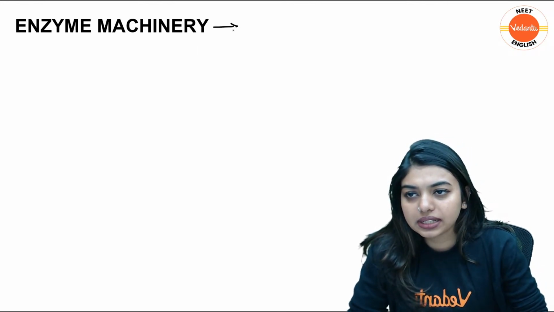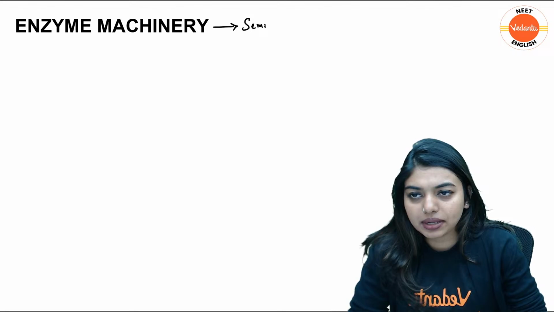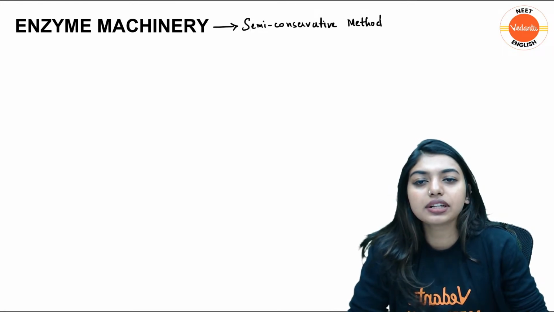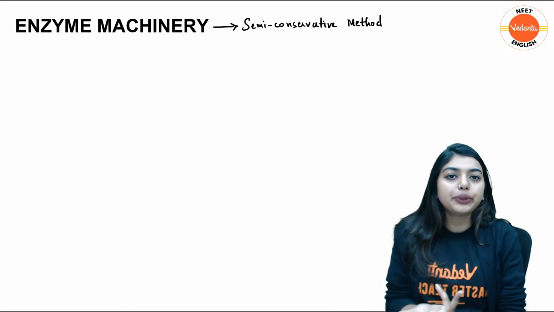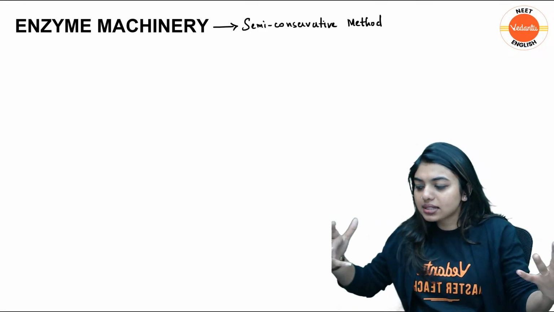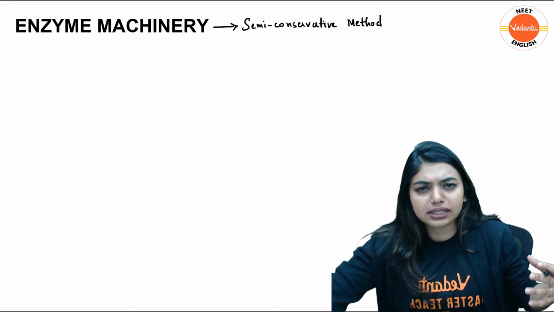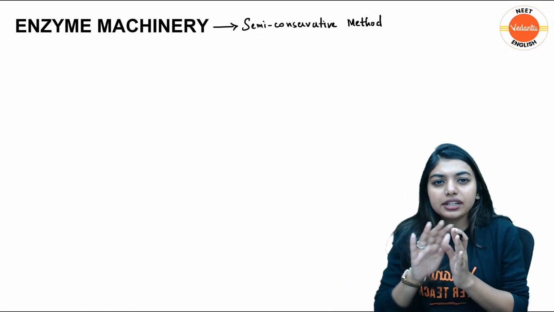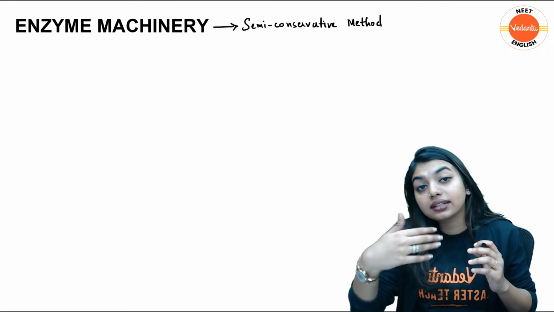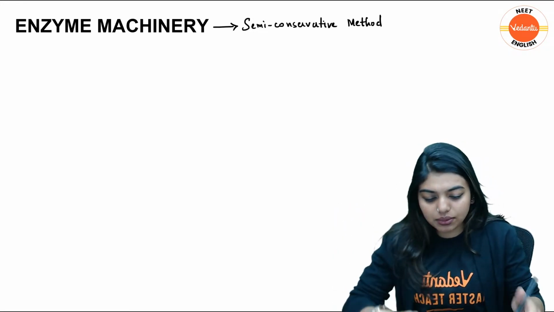We understood DNA is going to replicate with the help of the semi-conservative method. Yes or no? Now, this semi-conservative method, we did not talk about how it is going to happen. We just told that, yes, the semi-conservative method is happening, but we did not tell how this double-stranded DNA is getting separated, how they are acting like templates for each other. All this now we have to understand.